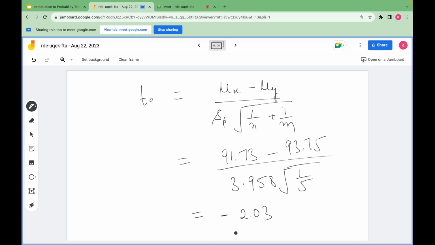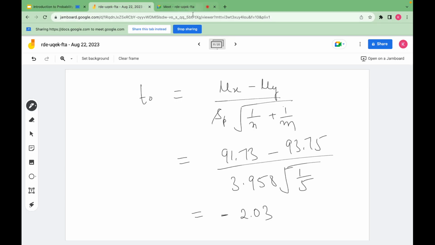Okay. Now we will compare it with the t value. Here in the question we are looking for less than, the alternate hypothesis is less than, so here we are looking for a one tail test.